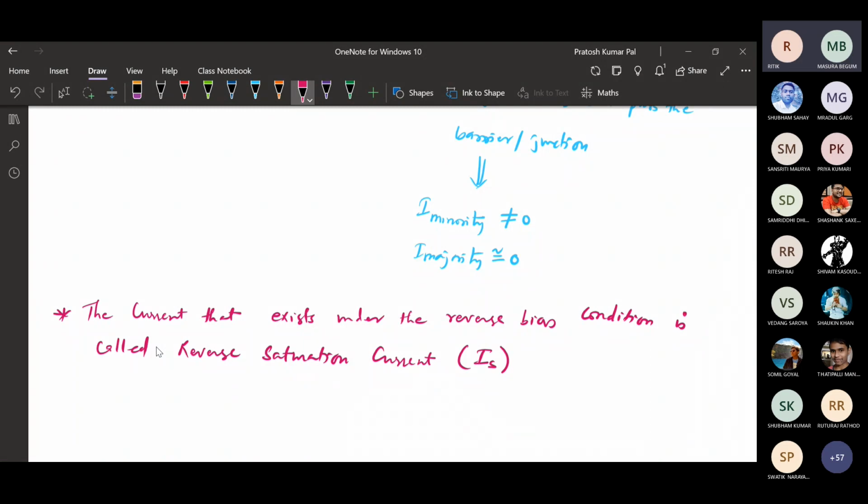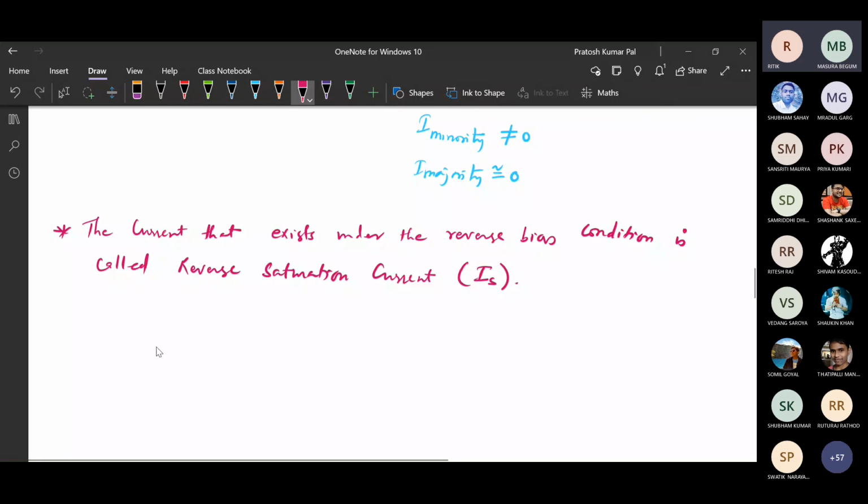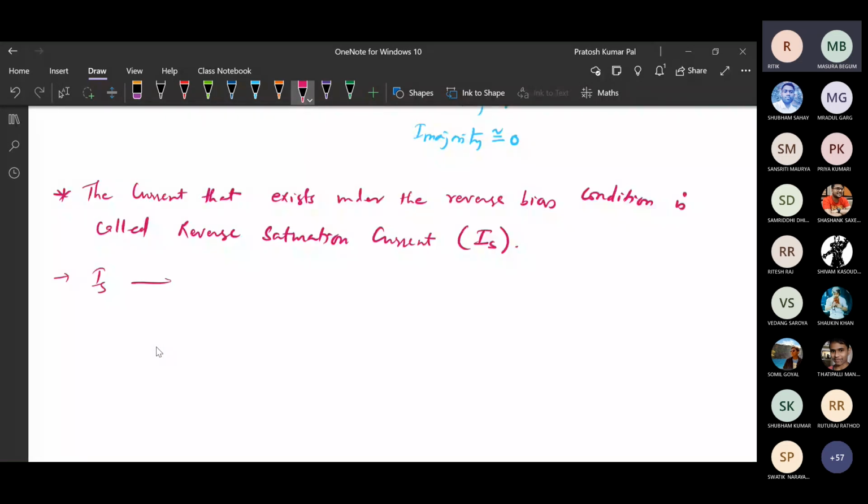If only the reverse current is flowing, that is considered the reverse saturation current. These reverse saturation currents are basically represented in either microamperes or nanoamperes.